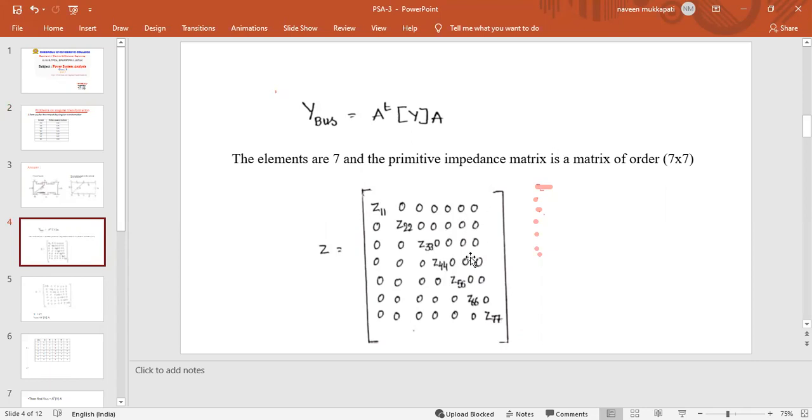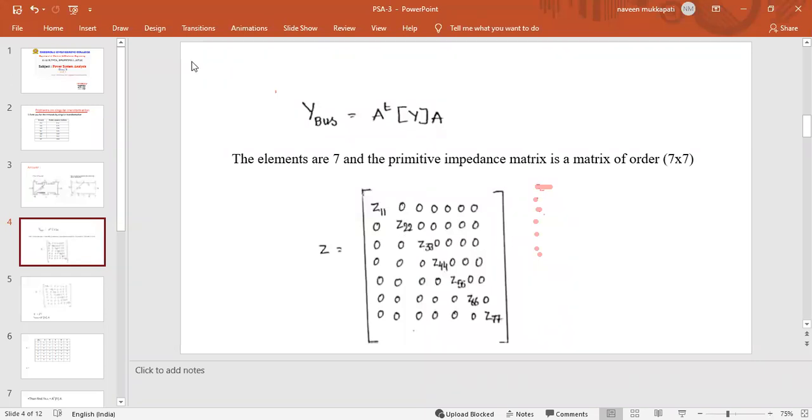All the remaining non-diagonal elements are taken as zero in the primitive impedance matrix. Therefore, we will determine the values of Z11, Z22, Z33, Z44, Z55, Z66, and Z77.